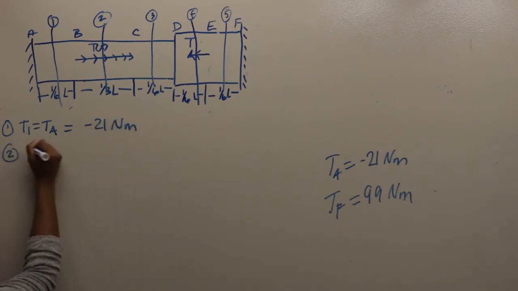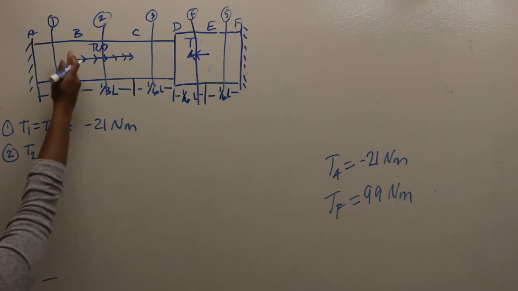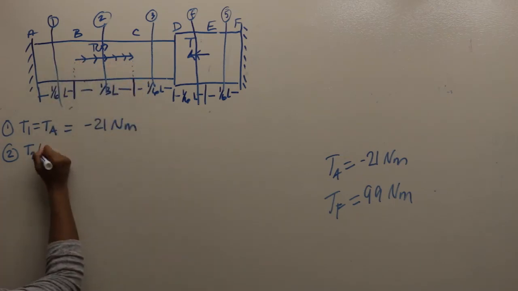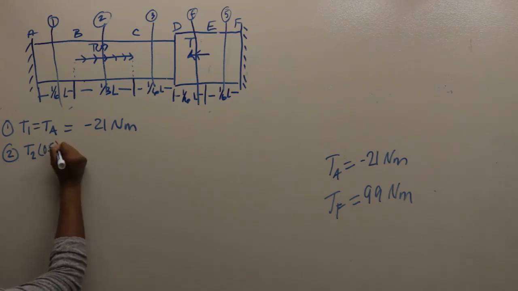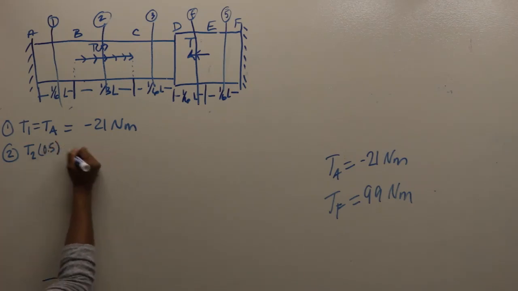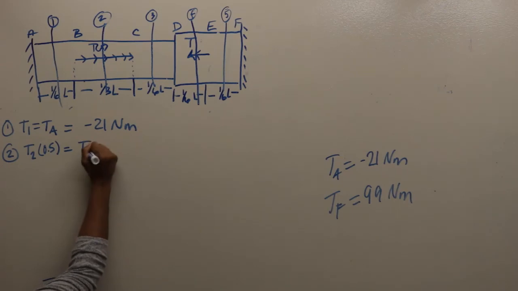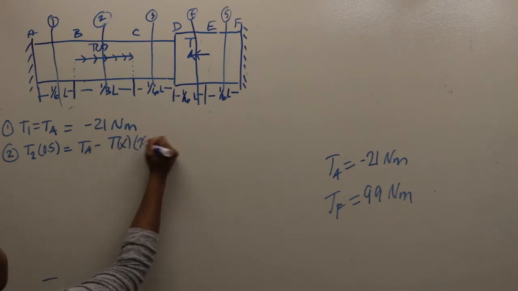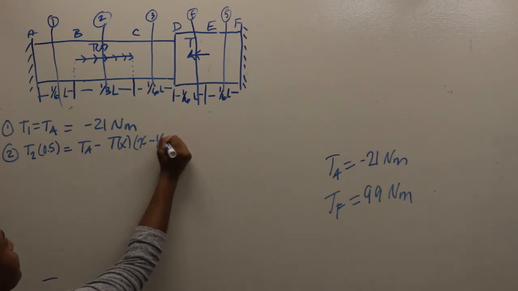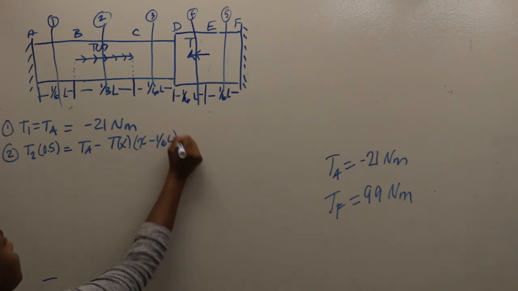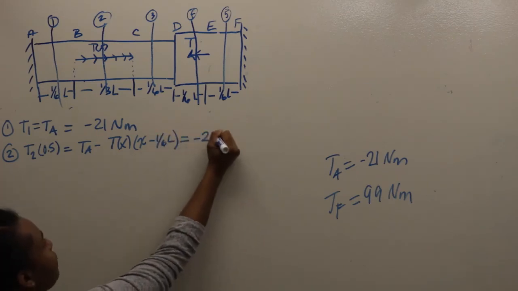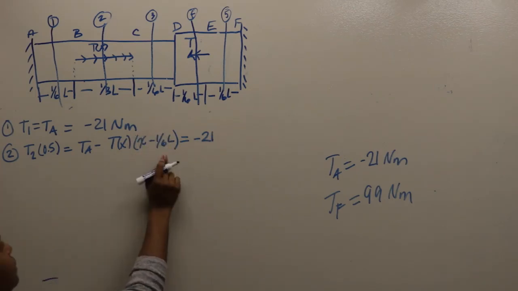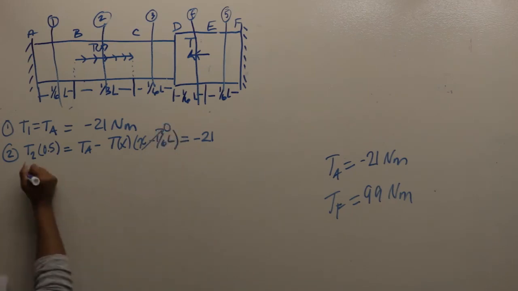Cut 2, you have at the beginning of it, and you'll have at the end. So cut 2 at 0.5, where x equals 0.5, it will be TA minus 150 times (x minus 0.5), which equals negative 21 because 0.5 minus 0.5 is 0, so that would be 0.